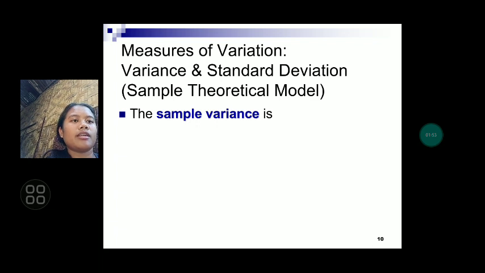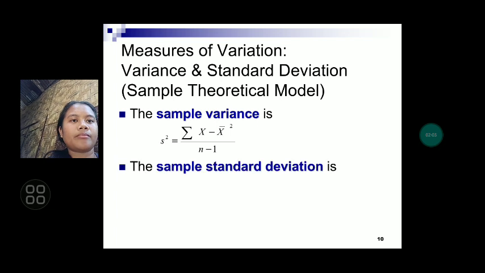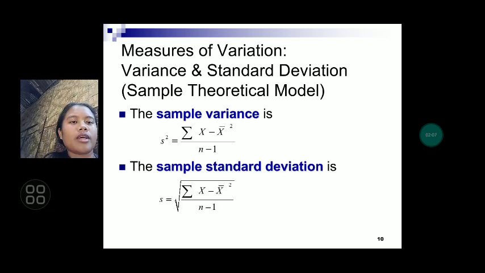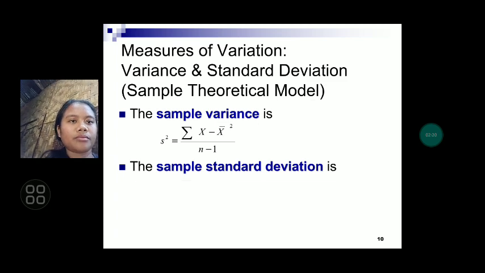The sample variance is s² = Σ(x − x̄)² / (n − 1). The sample standard deviation is s = √[Σ(x − x̄)² / (n − 1)].